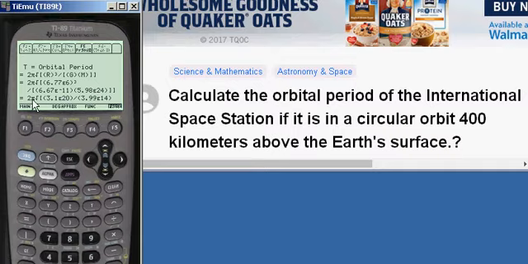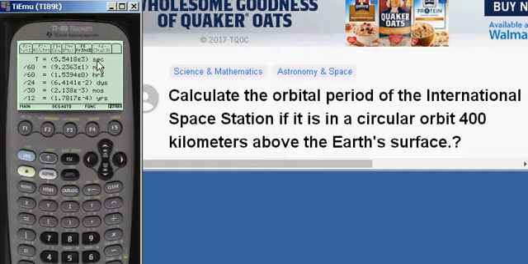Okay, 2 pi times the square root of 3.1 e to the 20, which is this cubed, 6.77 e to the 6 cubed, divided by multiplying these two together, the gravitational constant and the mass of the Earth, and we come up with the square root of this. We take the square root of that, we come up with 8.82 times e to the 2, which is 882, times 2 pi equals 5.5418 e to the 3 seconds.